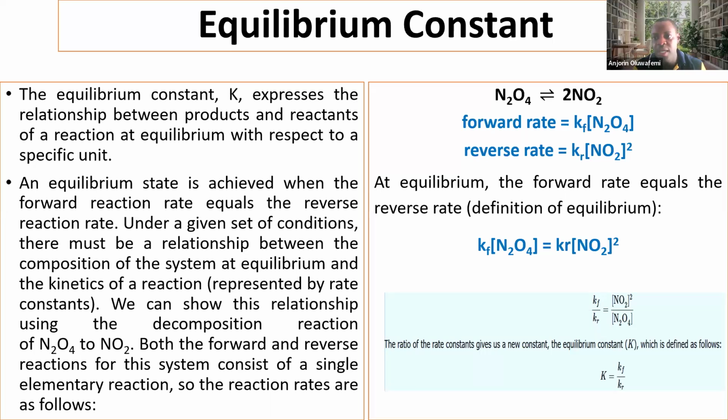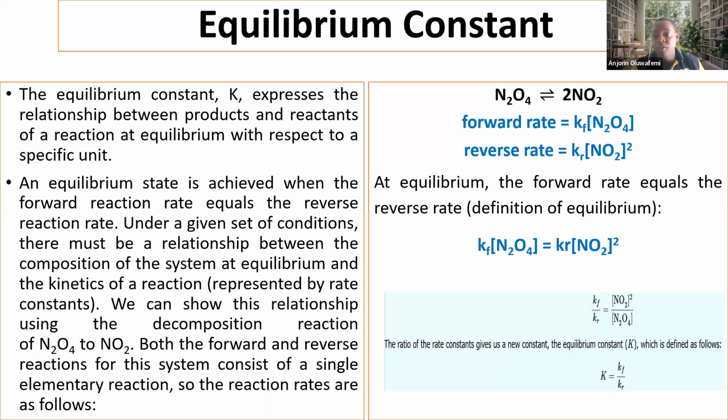So we look at it together. You have the reaction going forward and backward, leading to the formation of NO2. The forward rate is the rate constant times N2O4.